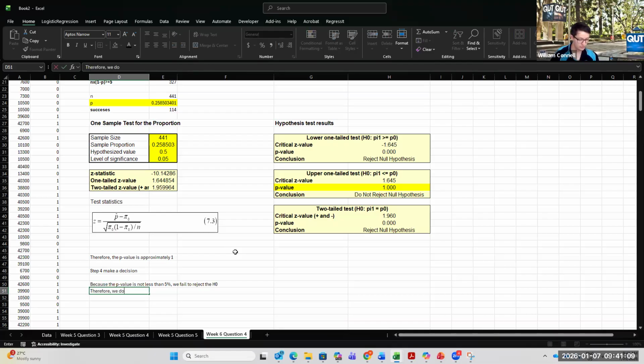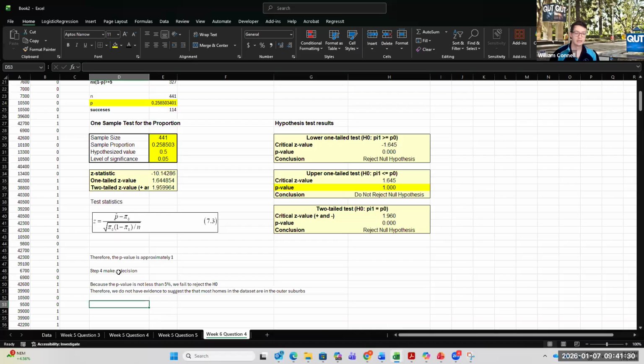Therefore, we do not have evidence to suggest that most homes in the data set are in the outer suburbs.